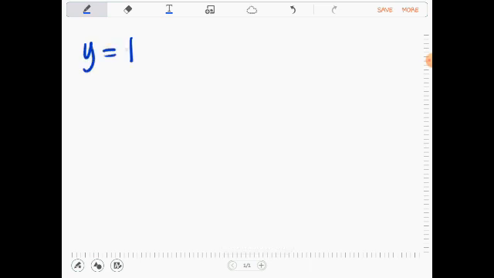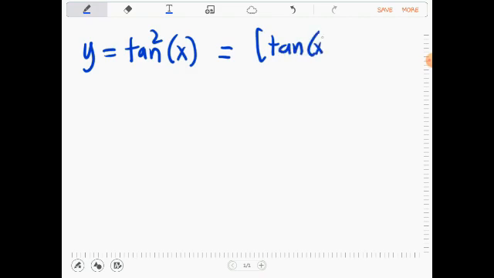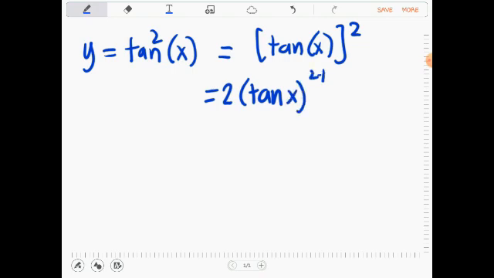Y is equals to tangent squared of x. Okay, so we can rewrite this. That is equals to tangent of x raised to 2. We know this, an exponent, right? So, this would be equals to 2 multiplied by the tan of x raised to 2 minus 1. Okay, just 1. Then, derivative of tan x times the derivative of x.